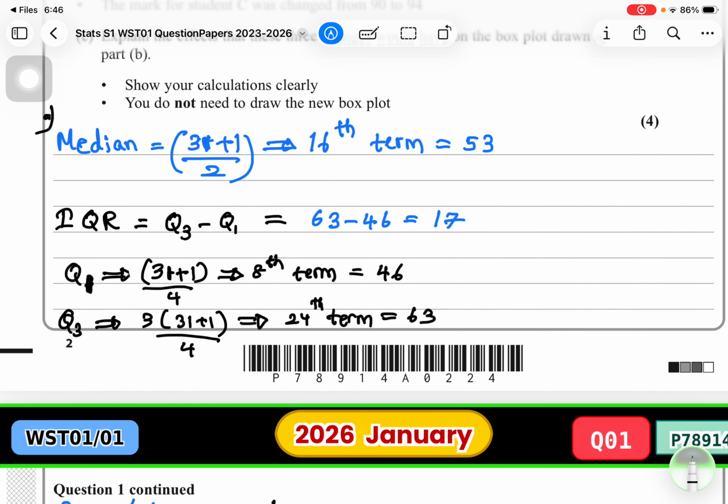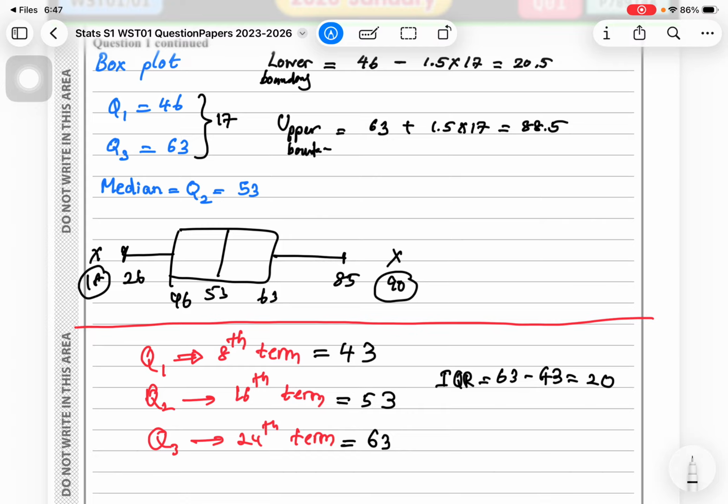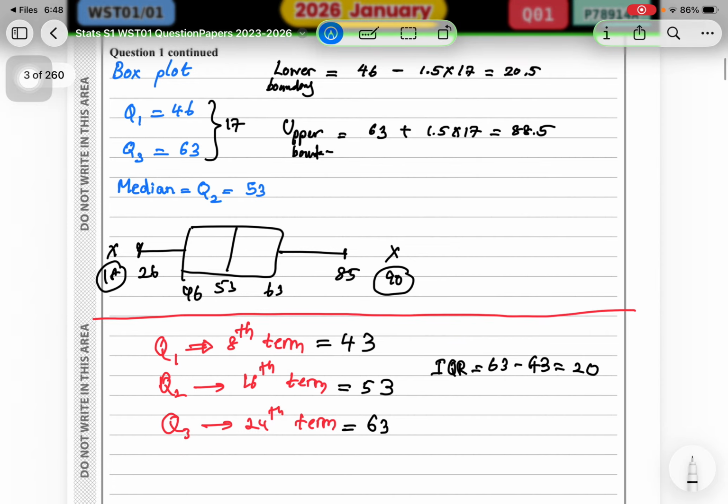Now once we got the 20, now we got a question. What is the question? Now we have to think. Because of the IQR changes, we know the lower and upper boundaries are affected. For the lower boundary, that's going to be 43 minus 1.5 times 20, which is 13. The upper boundary would be 63 plus 1.5 times 20, because the 20 is now changed.